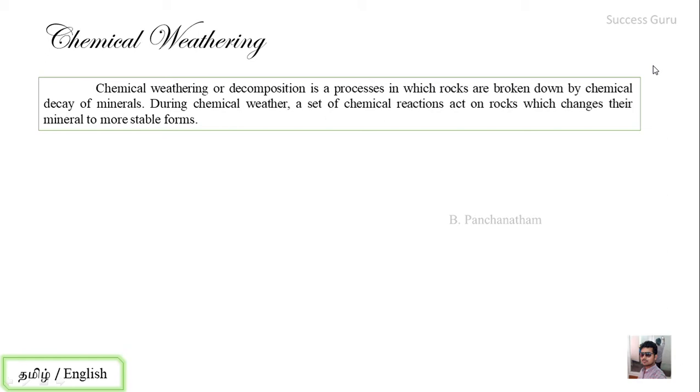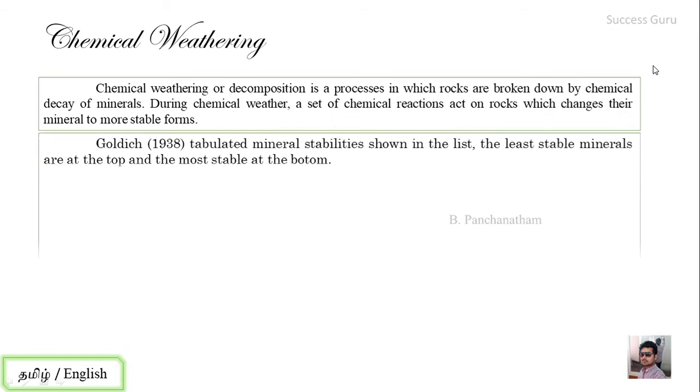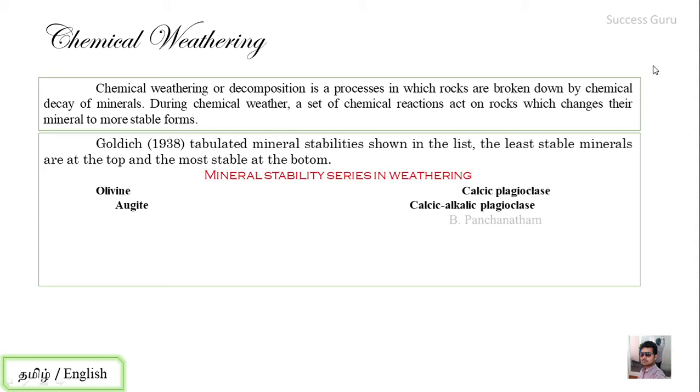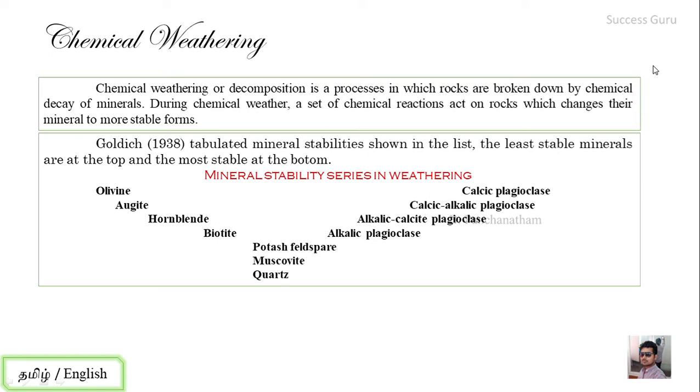During chemical weathering, a set of chemical reactions act on a rock which changes its minerals to a more stable form. Goldich in 1938 tabulated the mineral stability, in which the topmost mineral is the least stable and the bottommost is the most stable.